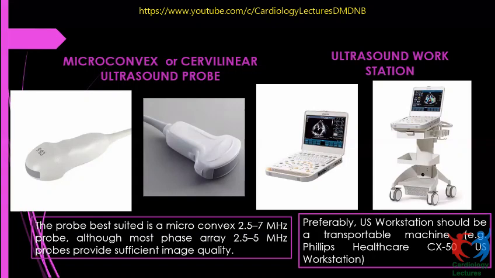if it is not available, you can use a curvilinear probe or a normal echocardiography probe, the 2D echo probe, which is a phased array transducer, and it is also a 2.5 to 5 megahertz probe, which also provides sufficient imaging quality. But the only thing is, if you take a curvilinear probe, it covers 2 to 3 rib spaces. So it aids in very proper interpretation of the lung fields.